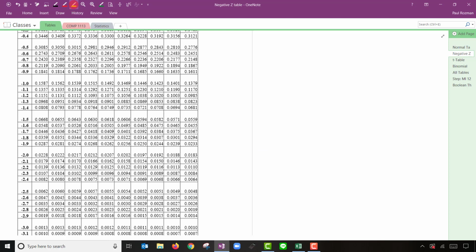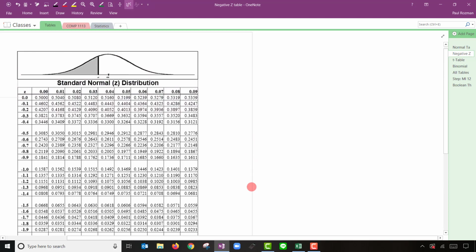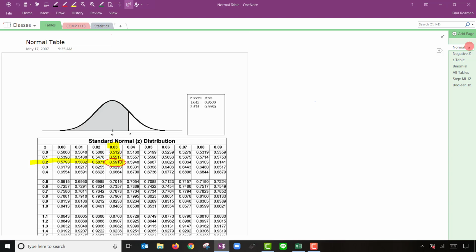Maybe we can find it. 0.005 is somewhere around here, negative 2.5 something. In fact, that one happens pretty frequently. If we look at our positive version of this table, it was exactly halfway in between.